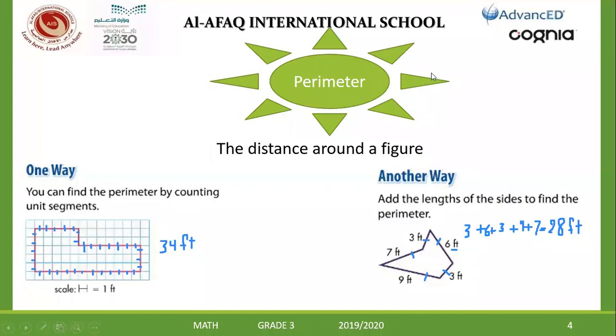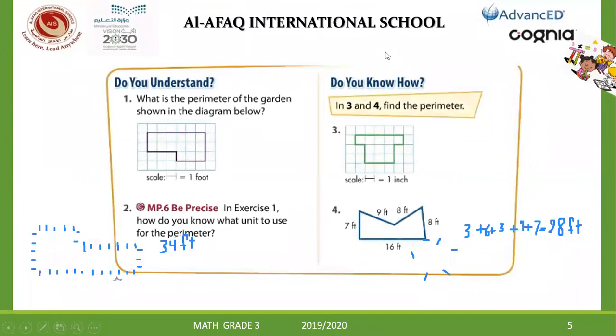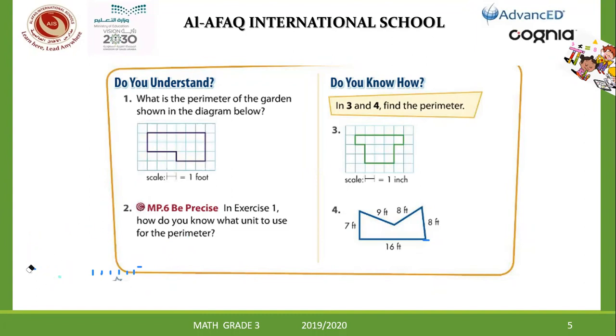On the book, in the first question, he asked me: what's the perimeter of the garden shown in the diagram?